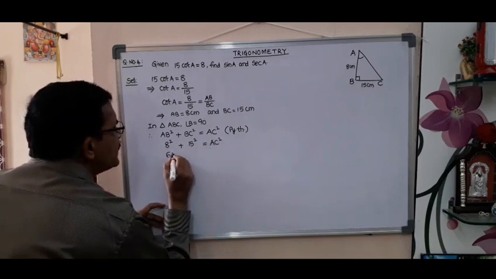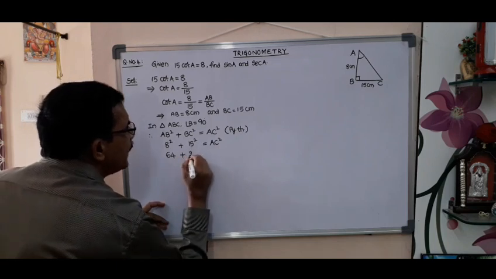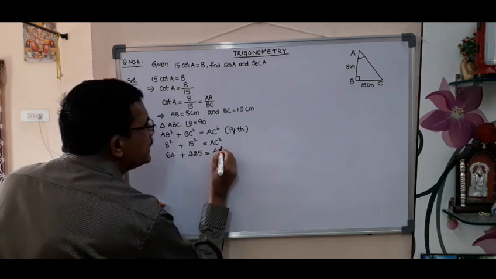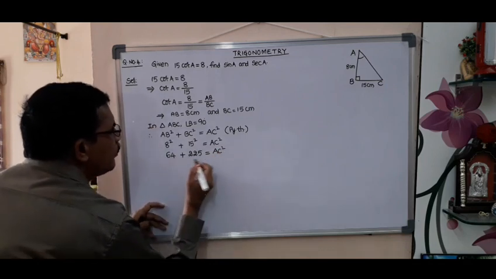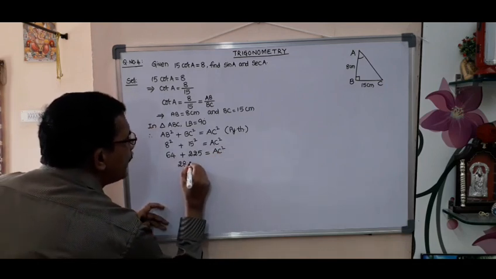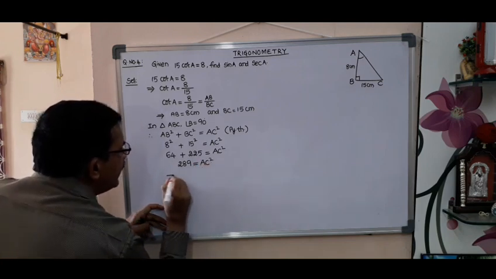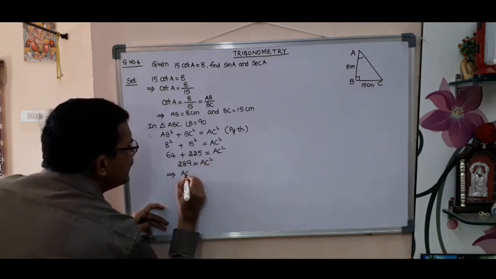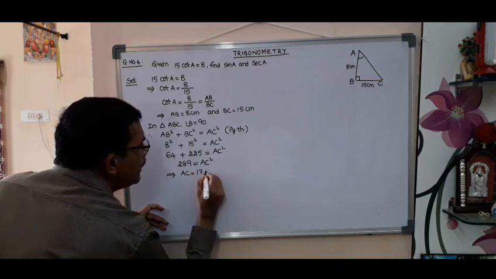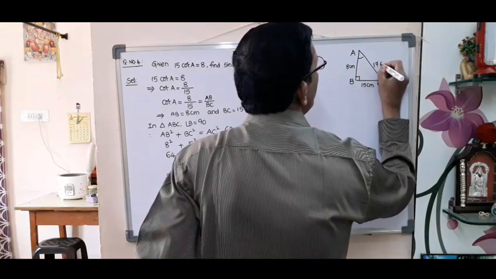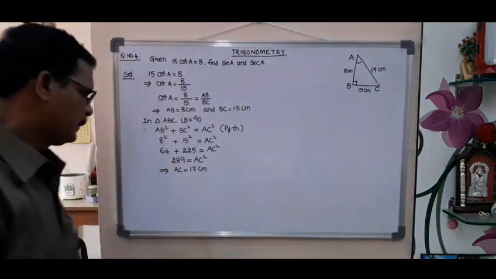8 square is 64 plus 15 square is 225 is equal to AC square. 64 plus 225 is 289 is equal to AC square, implies AC is equal to 17 centimeters. So AC length is 17 centimeters.